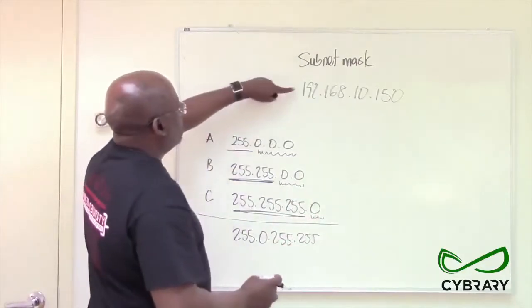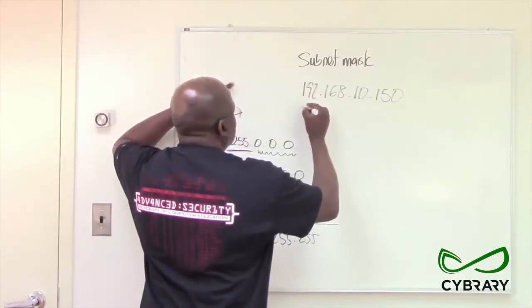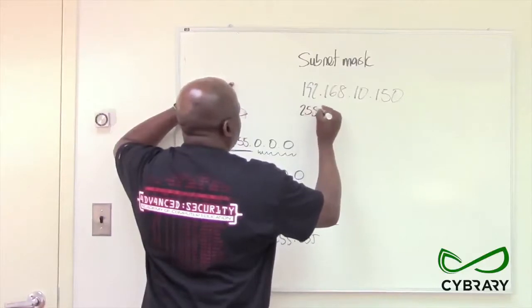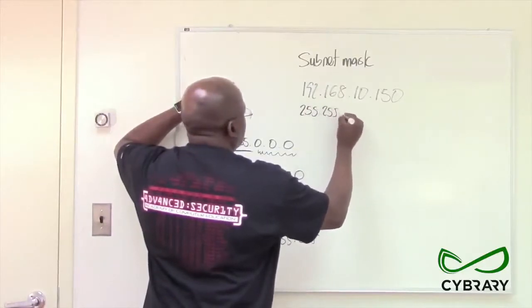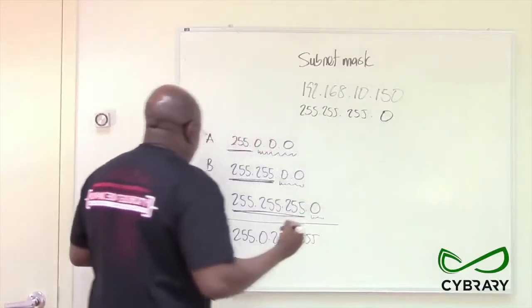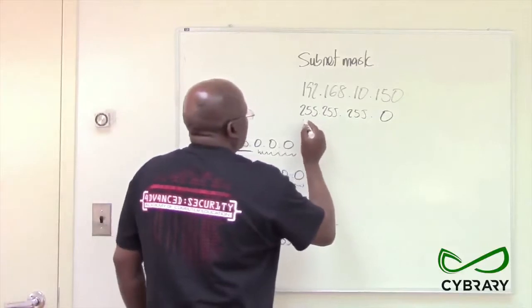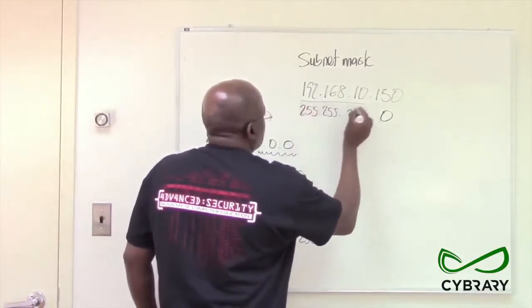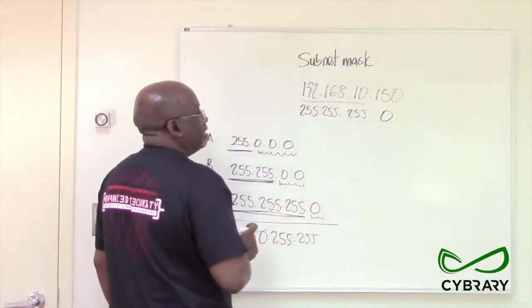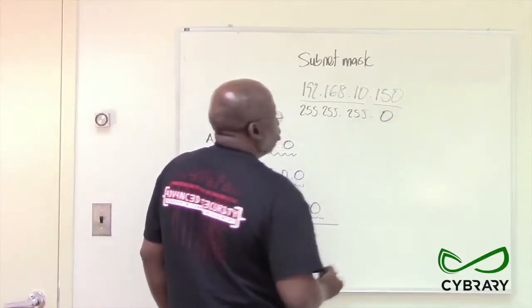So if we were to say that this IP address has a subnet mask of 255.255.255.0, effectively that makes it a class C, and we can see this portion will constitute the network ID, and the 0 portion will constitute the host ID.